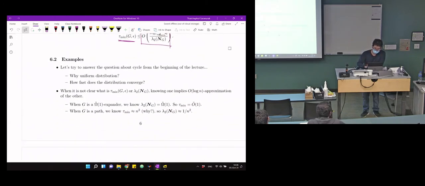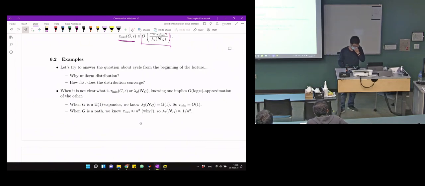So when we start at a high degree vertex, does it take longer to mix? I guess so. I'm not sure actually. Or maybe it's the other way.